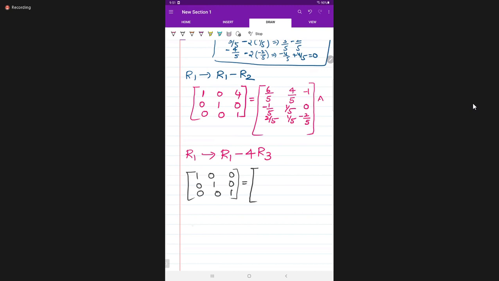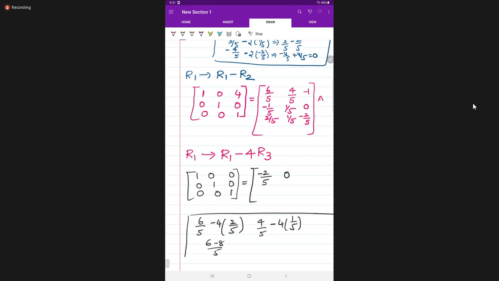Now tell me. R1 is 6 by 5 minus 4 into R3, which is 5 by 5. How much? So 6 minus 8 by 5, minus 2 by 5. Next one, R1: 4 by 5, 0, minus 1 by 5, 0.